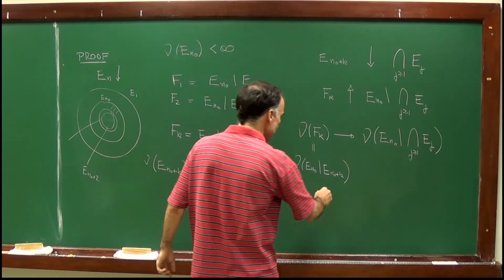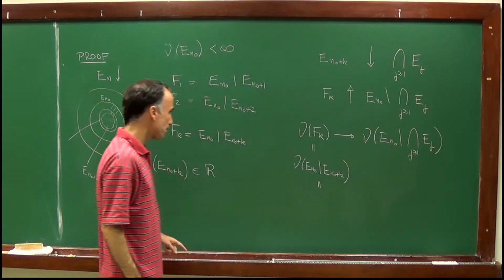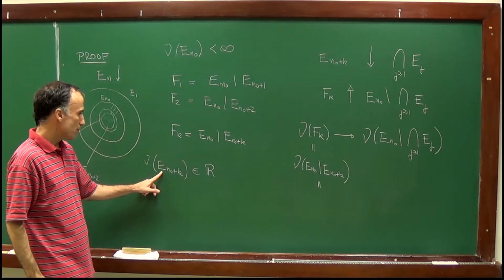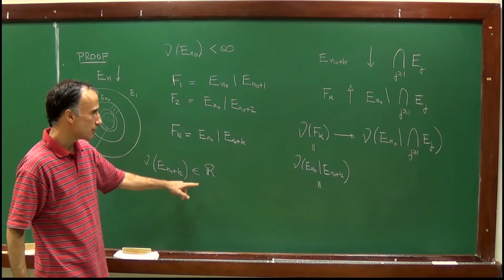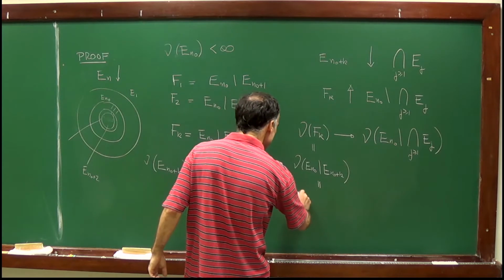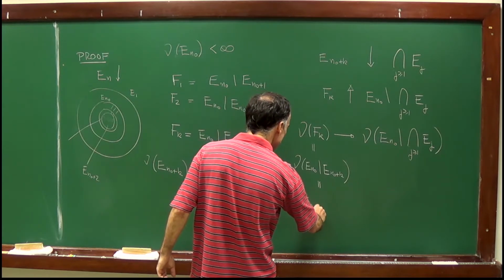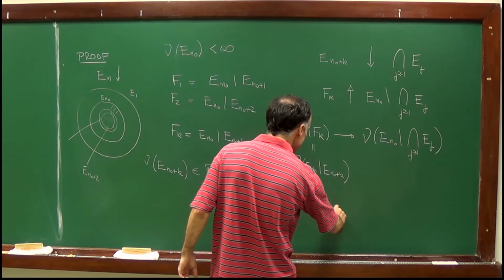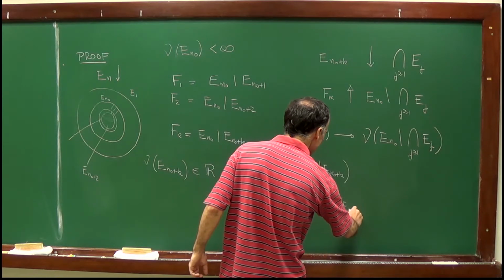And since the measure of En0 plus k is a real number, this is nu of En0 minus nu of En0 plus k.